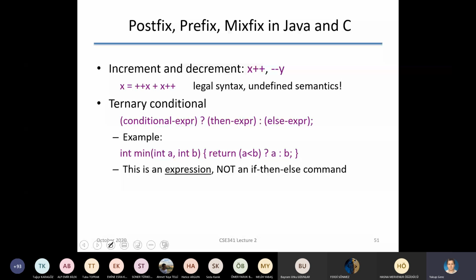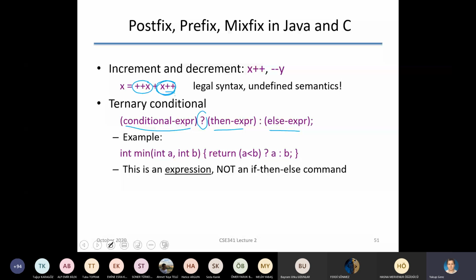And like the ternary conditional that we have, you have a conditional expression. You have the question mark, and then two alternatives that you would generate. So you know that this is an expression, right?